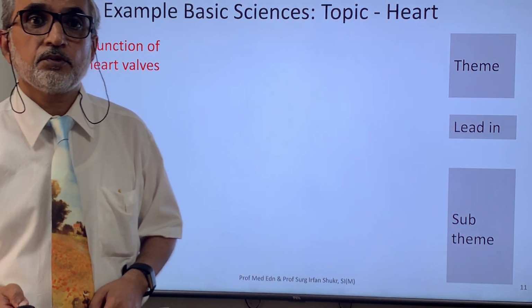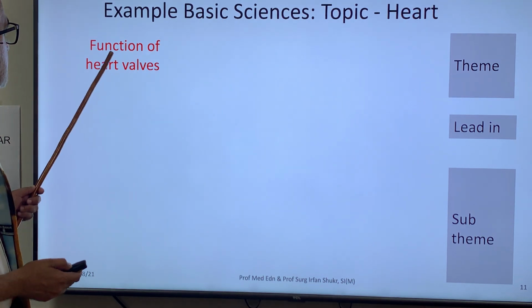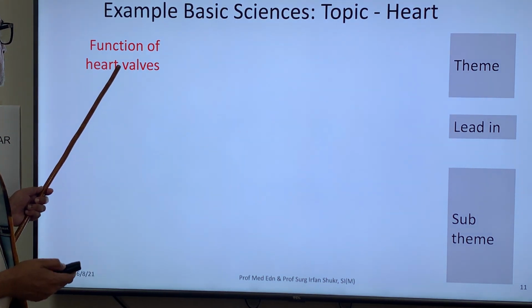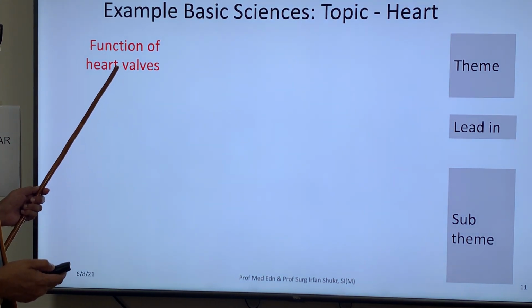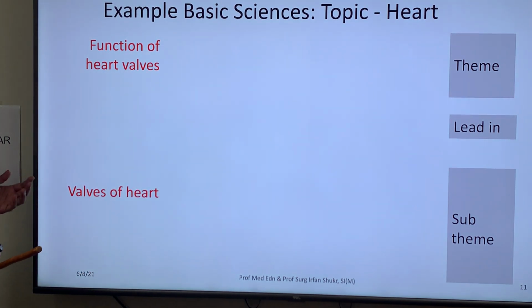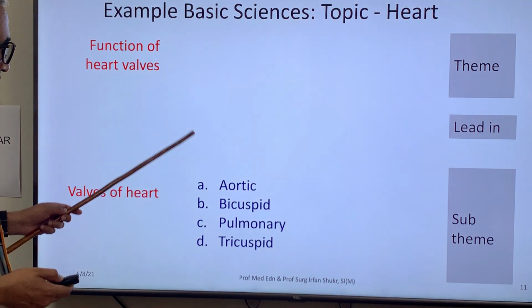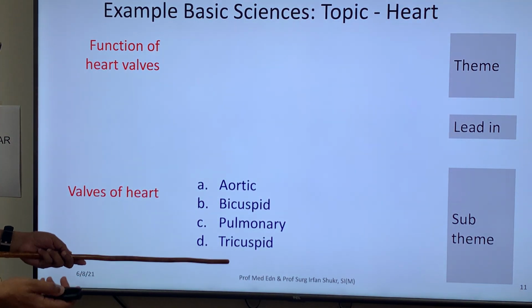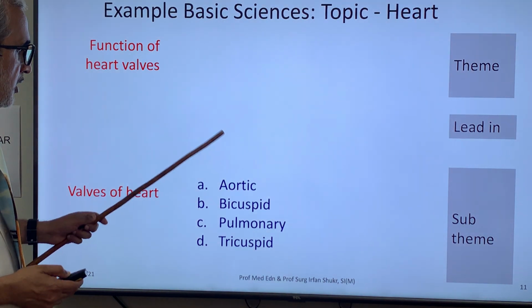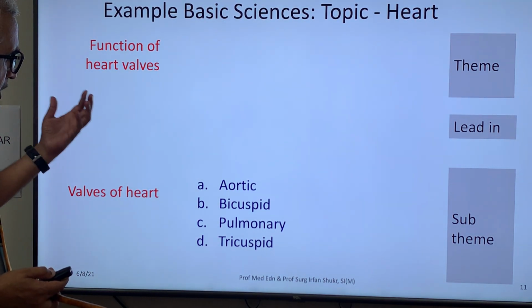Let me give you one example from basic sciences. The topic is heart, functions of heart valves is the theme. And the sub-theme is the names of the valves of the heart. So I simply write the names: aortic, bicuspid, pulmonary, tricuspid. Now, I want to talk about something about flow in this.